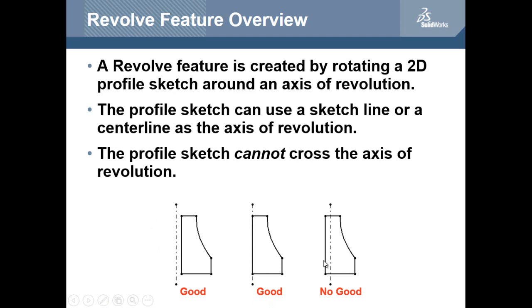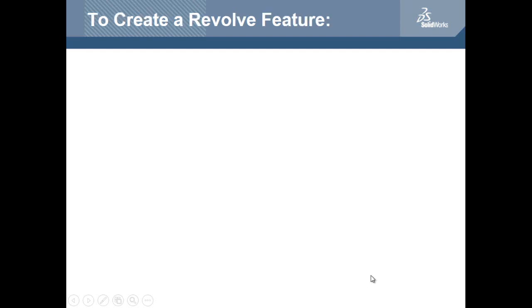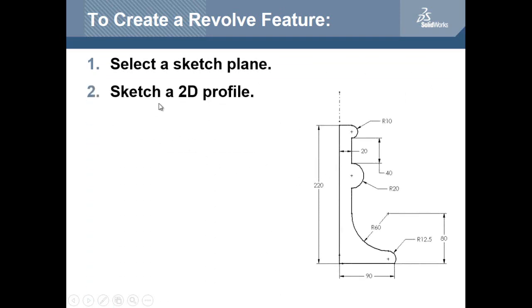But you can't have a sketch revolve halfway around itself. So you can't have your center line in the middle or through any part of the sketch that you created. That wouldn't work. So select the sketch plane, sketch a two-dimensional profile.